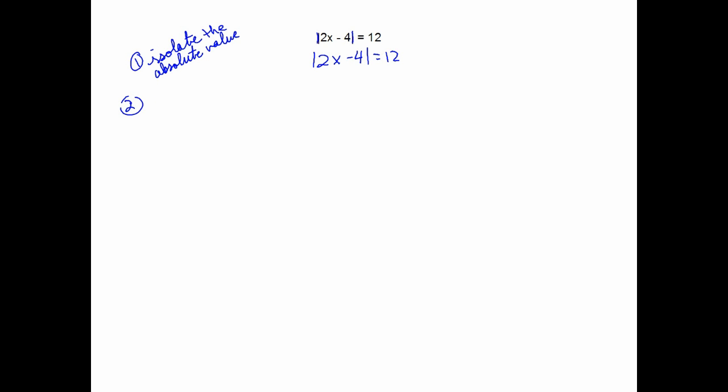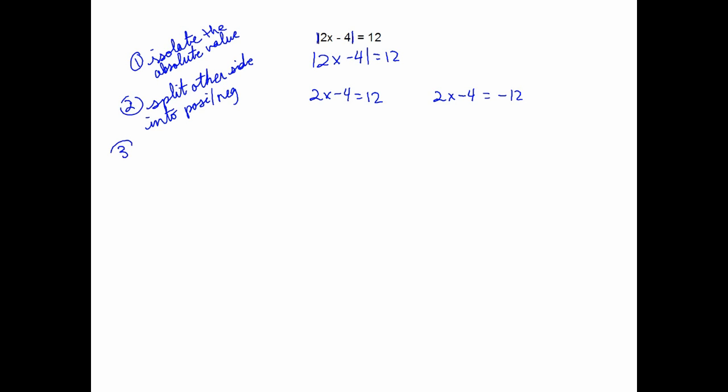So number 2, split other side into positive and negative. So let's go ahead and do that. We're going to write 2x minus 4 equals 12, or 2x minus 4 equals a negative 12. We make the entire side negative.